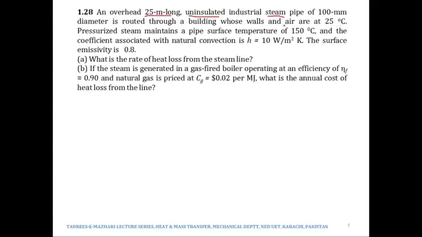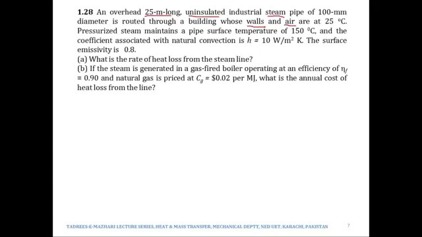See, you need to learn to read the problems out. If it says that the air temperature is this much, it would be referring to convection. And if it says that the walls are at such and such temperature, then it would probably be referring to the phenomenon of radiation.